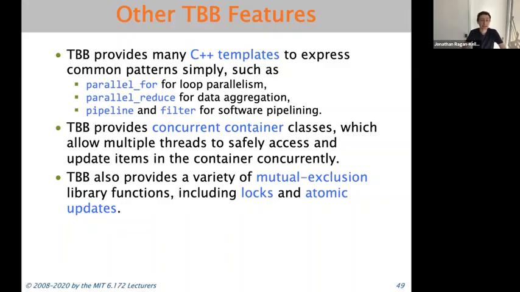It provides concurrent container classes that allow multiple threads to safely interact with things like maps and queues and vectors in a safe concurrent fashion. And it also provides lower level mutual exclusion and synchronization primitives for things like locks and atomic updates. So TBB is a nice library if you want to program at a relatively low level, but want to eliminate some of the nastiness at the pthreads level.